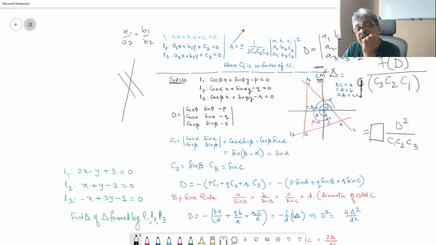C1, C2, C3. What is the degree of denominator? 2, 4, 6.